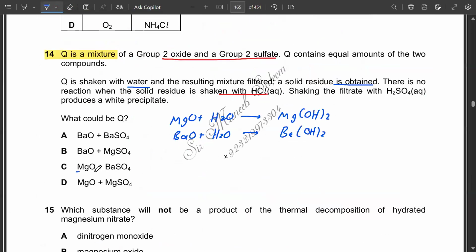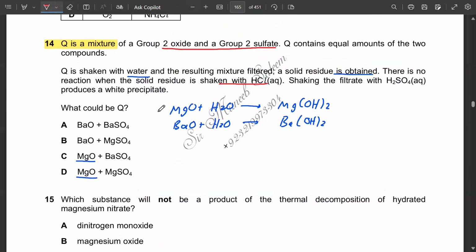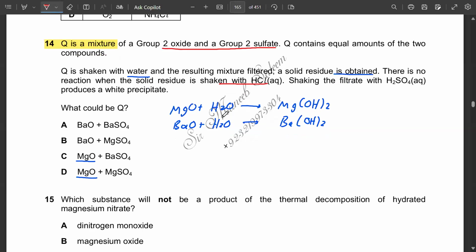It could not be magnesium hydroxide in the residue because... okay, so we can say that magnesium hydroxide is a solid because it is not soluble in water, whereas barium hydroxide is soluble. It is soluble, so it does not form the solid.